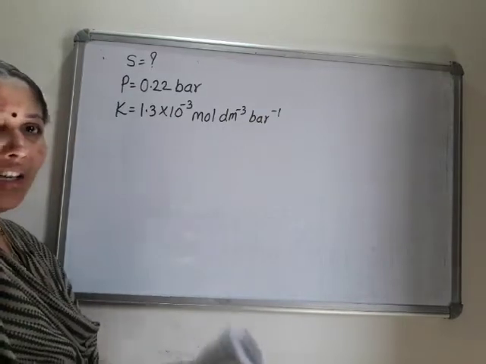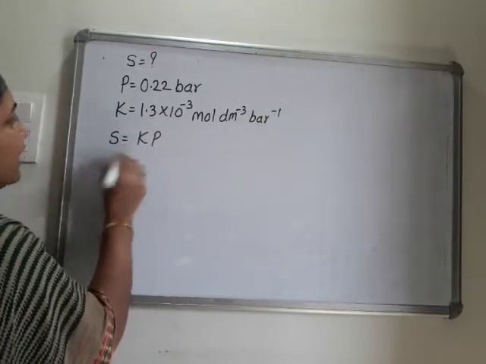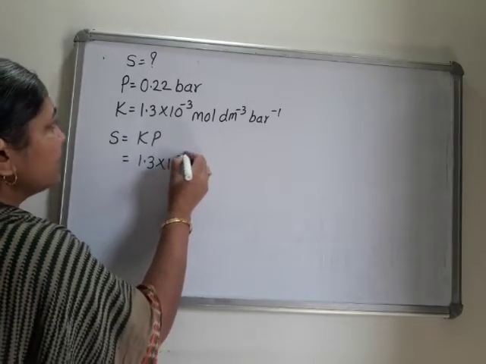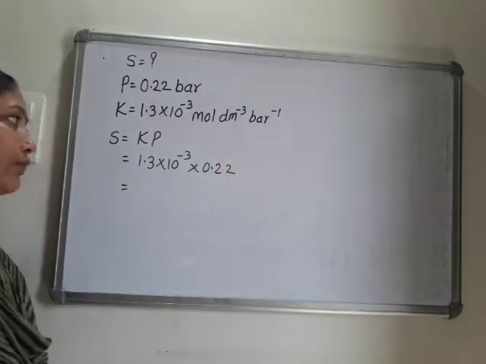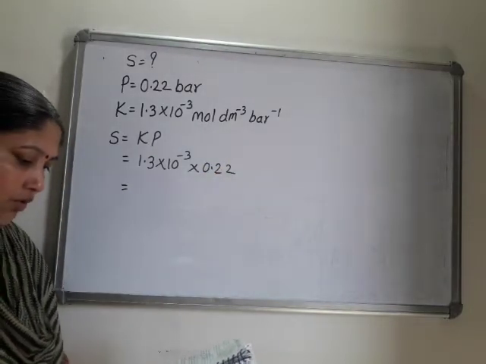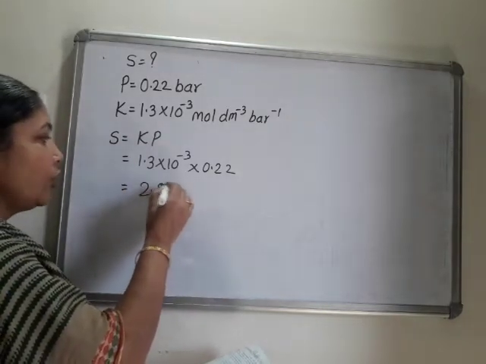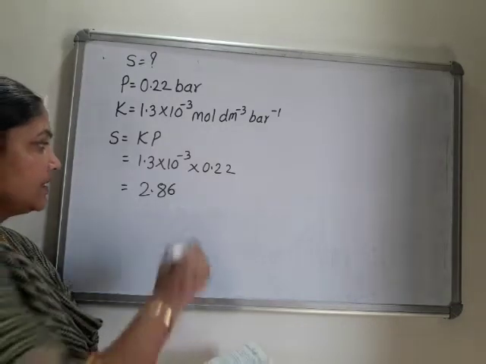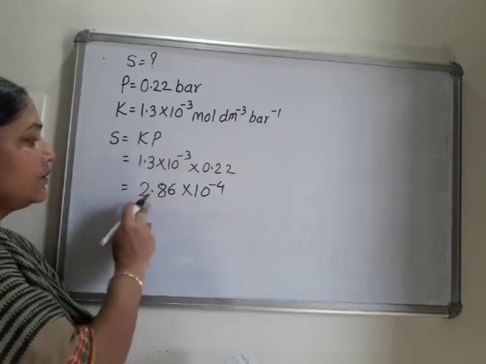So very easy. Find out. S is equal to K into P. We have to find S. K is 1.3 into 10 raised to minus 3 into 0.22. Simplify this. So what is the answer? It is 2.86 into 10 raised to minus 4. 1, 2, 3, 3 decimals are there, no?